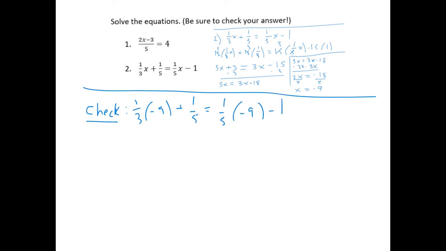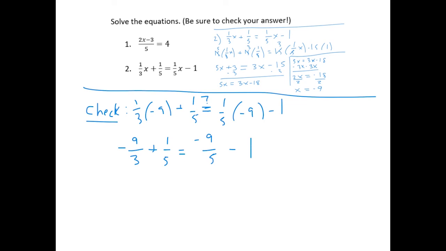So putting all this together is going to give us negative 9 over 3 plus 1/5. We don't know if those are equal, so we're checking. Equals negative 9 over 5 minus 1.